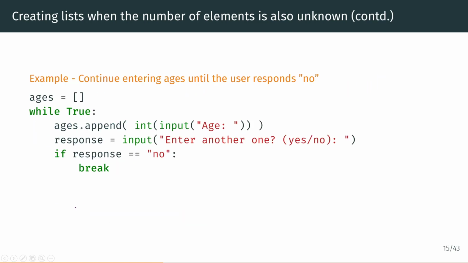So what's an example of this? Why do we need a program in which we don't know the number of elements beforehand? In this example, the program continues asking the user to enter the age, and every time the user enters the age, it asks whether they want to enter another one, yes or no. If the user enters no, then it breaks out of the loop.